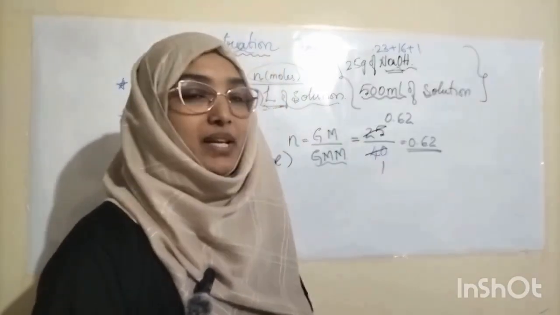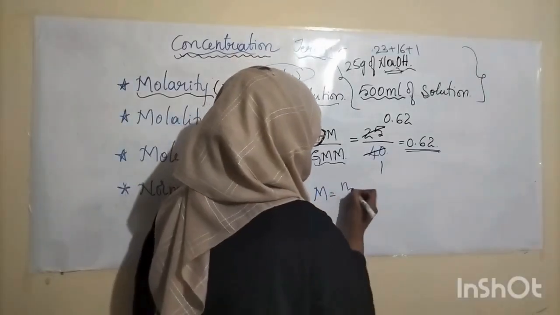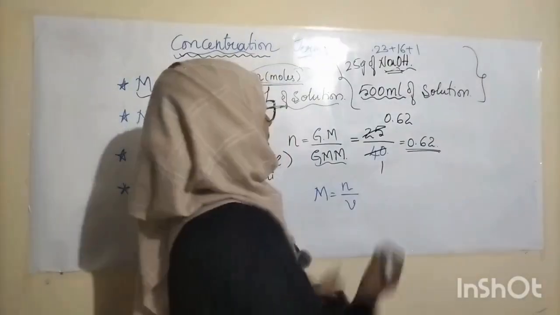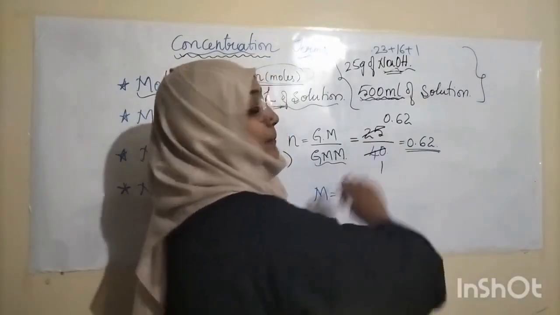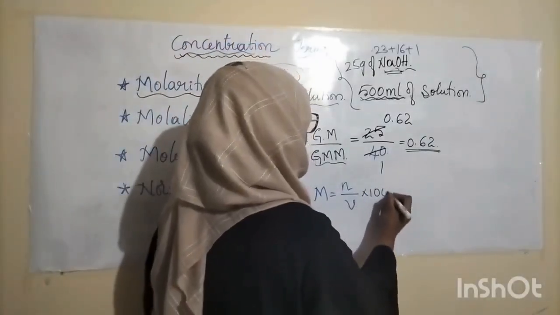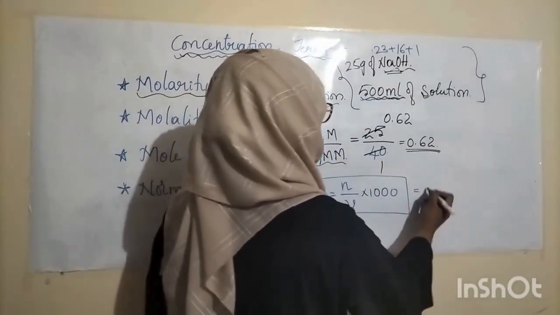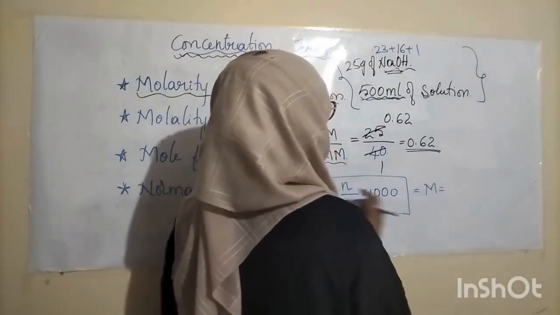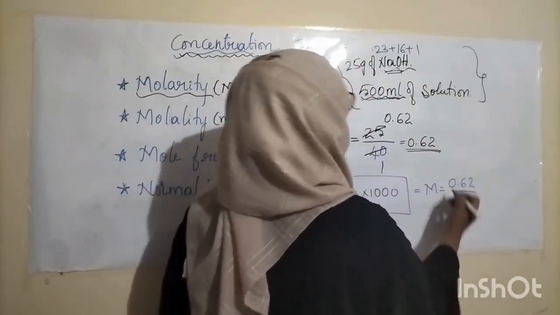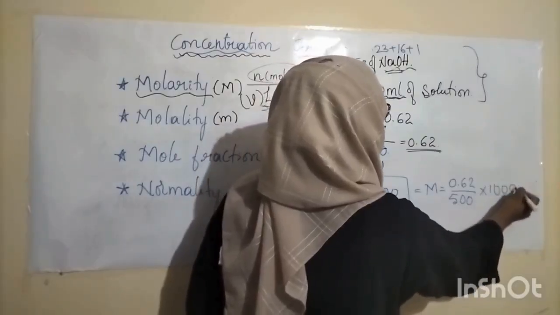Please make a note of the formula. Molarity is equal to number of moles by volume, if the volume is in liters. Can you see here? We have it in milliliters, not in liters. We have to convert that to liters. We can multiply that with 1000, and it gives us M is equal to, what is n? 0.62 divided by, how much do we have here? 500 of solution, 1000.